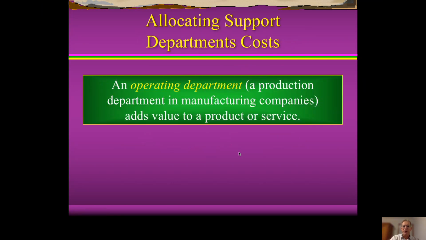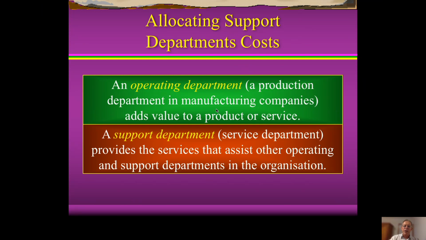of allocating our department costs. So operating departments are the ones actually involved in producing the product or service. It could be the fabrication department and the packaging department, physically involved in the operation. The support departments are doing just that: they're helping.